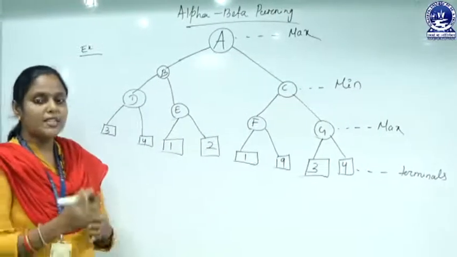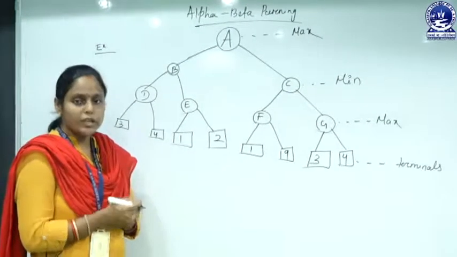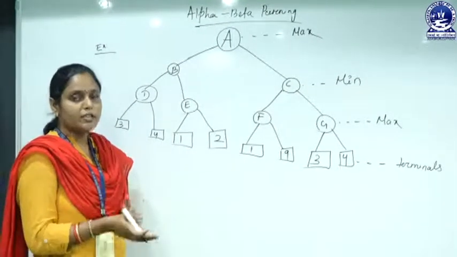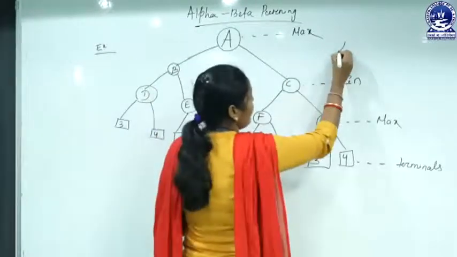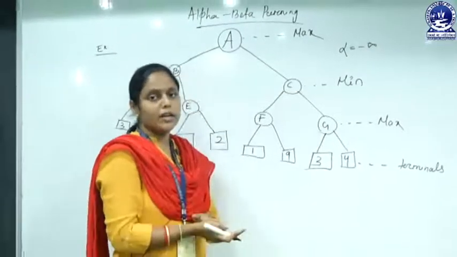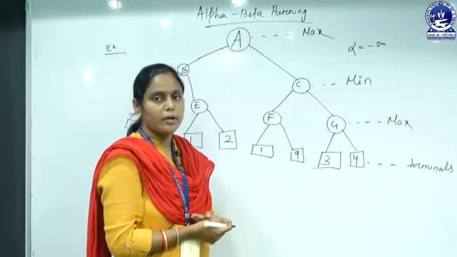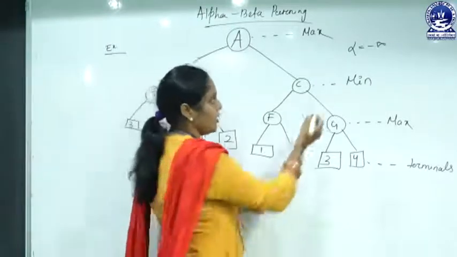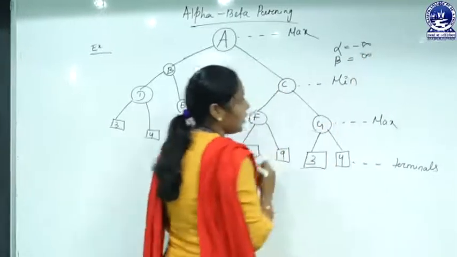Suppose the maximizer takes the first turn and it has the worst initial value, that is minus infinity. That means alpha equals minus infinity. The next is the minimizer, and the minimizer has the worst initial value, that is plus infinity, which is the value of beta, equal to infinity.